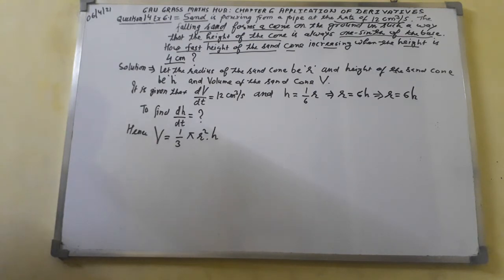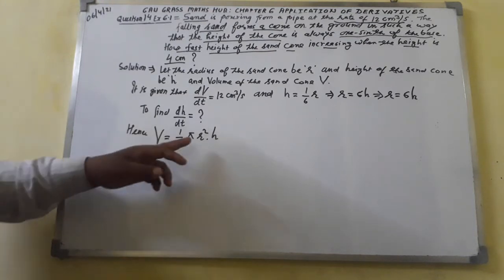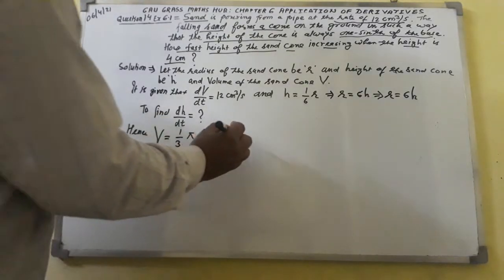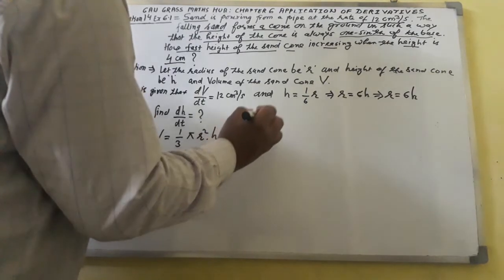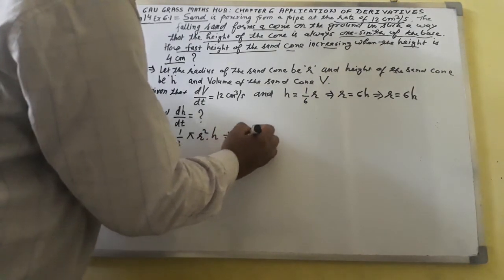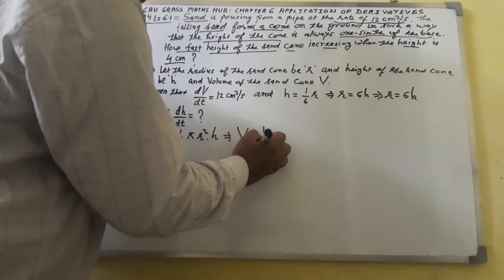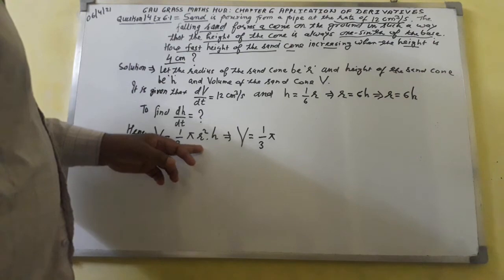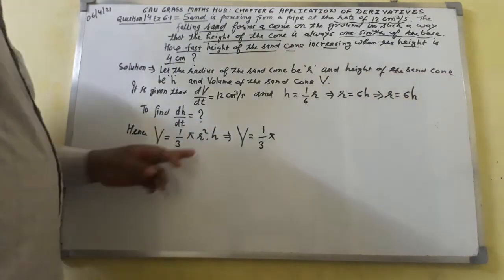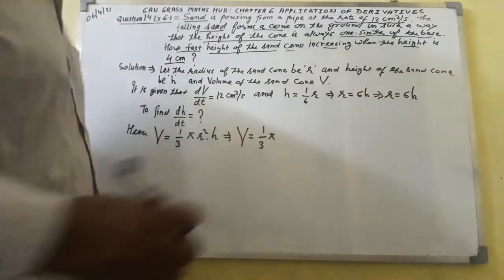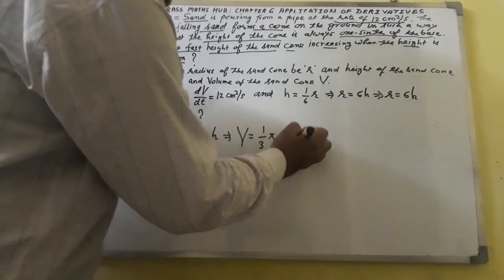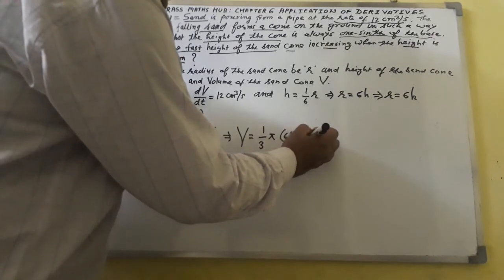So here r will be converted to h. V is equal to 1 over 3 pi, and in place of r I shall write 6h, so (6h) whole square dot h.